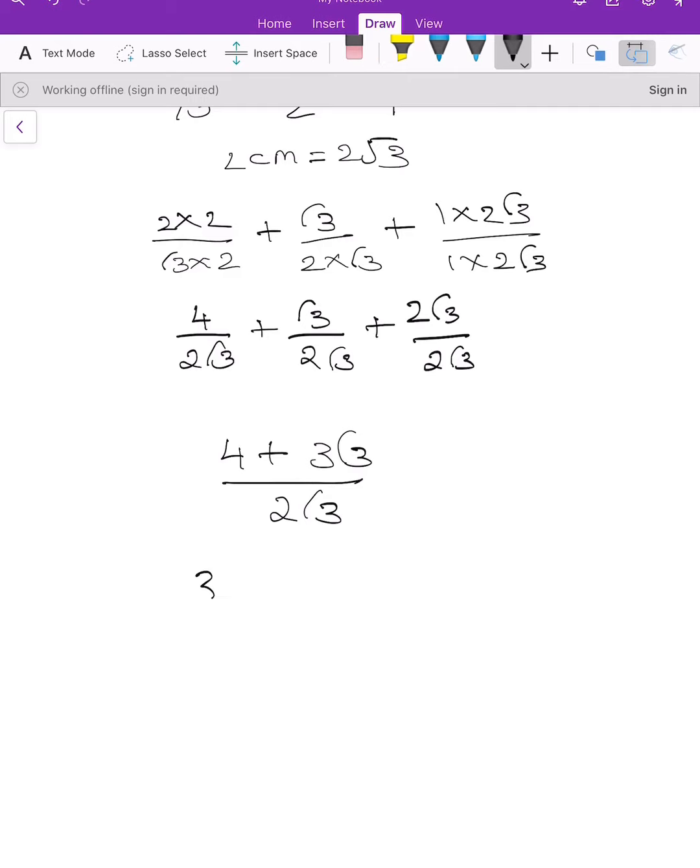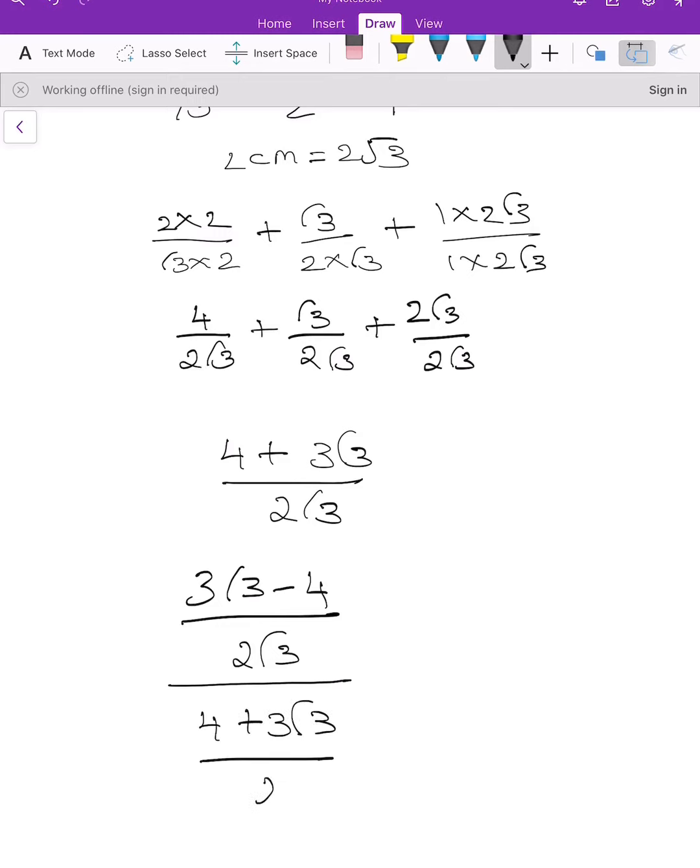(3 root 3 minus 4) by 2 root 3, divided by (4 plus 3 root 3) by 2 root 3.